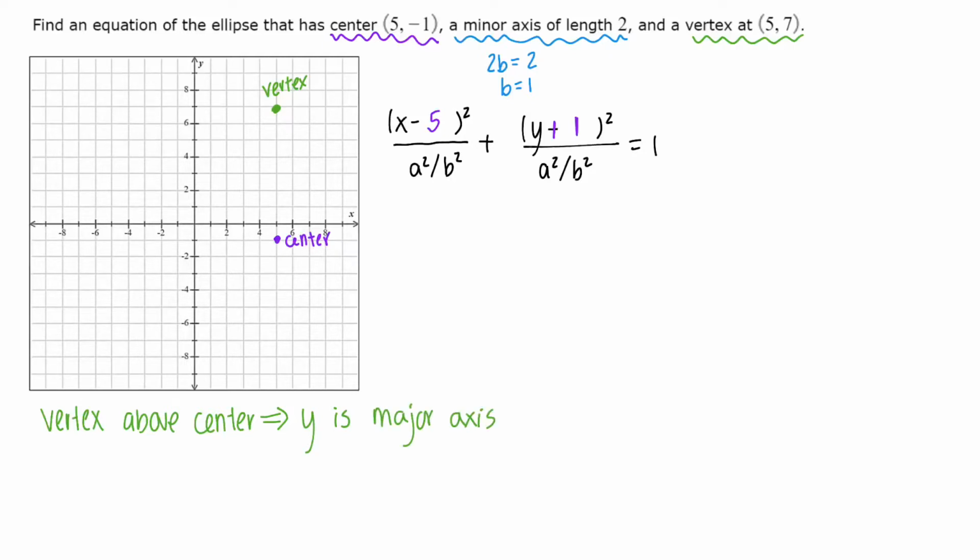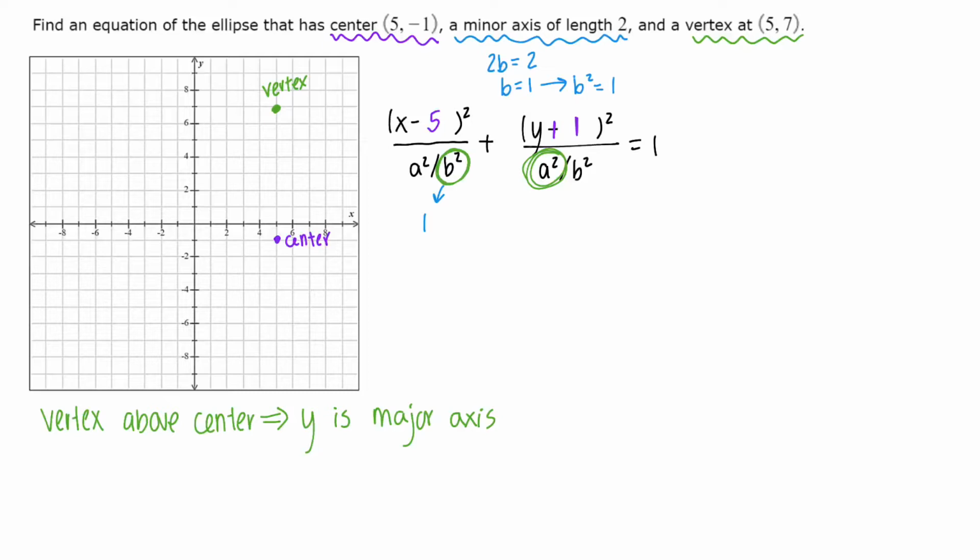So y is the major axis, which means the bigger number needs to go underneath y. So a squared goes underneath y, and b squared goes underneath x. We know that b is 1, so b squared is also 1. So this would be 1 underneath here.